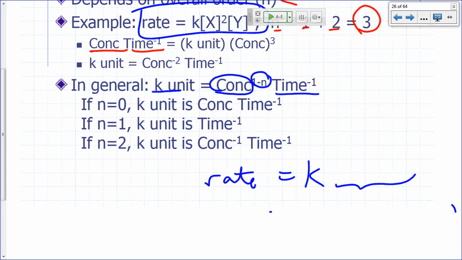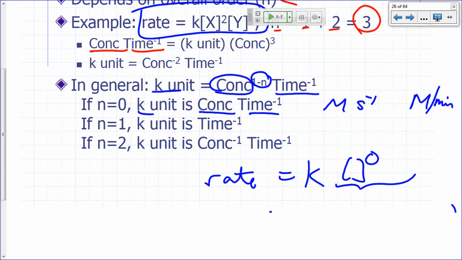Okay, there's no concentration units here because it's raised to the power 0, right? So K will have the same unit as rate, so it's concentration per unit time. So moles per liter per second, for example, or moles per liter per minute. Okay, that would be the unit for your rate constant.